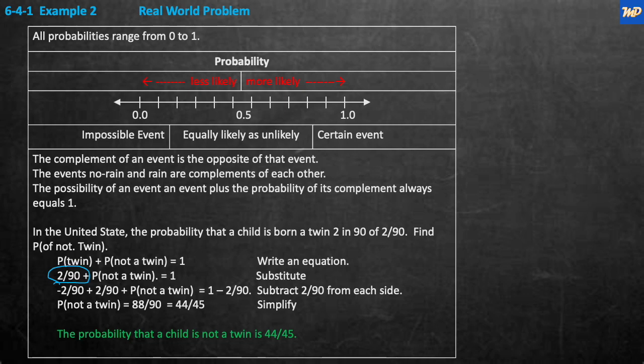Subtract 2/90 from each side. The probability of not a twin is 88 out of 90, or 44 out of 45. That's the probability of a child that is not born a twin.